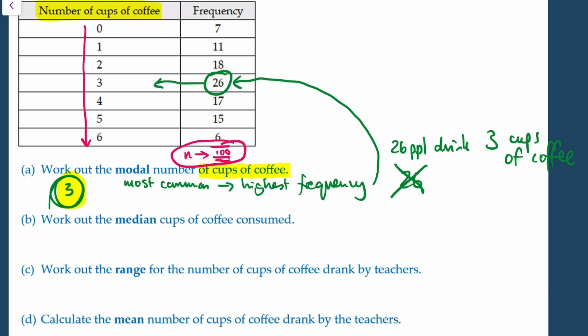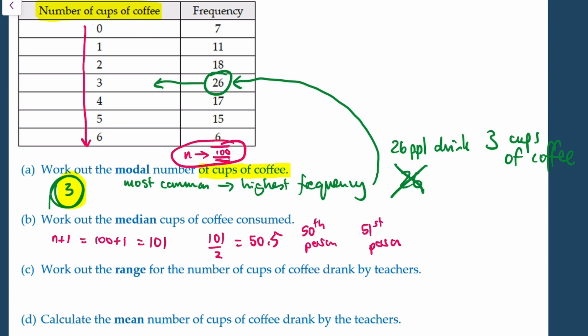I asked 100 people. So I say N plus 1, in this case 100 add 1, so 101. And I divide that by 2, which gives me 50.5. So the 50th person and the 51st person, how many cups of coffee did they drink?